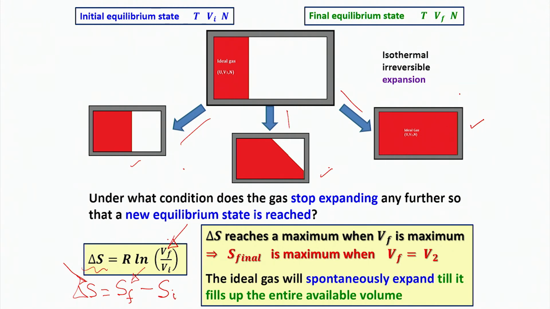Therefore, when the gas expands and fills up the entire box, that is the condition when, under the given experimental setup, we can achieve a maximum entropy, and therefore the ideal gas will spontaneously expand till it fills up the entire available volume.